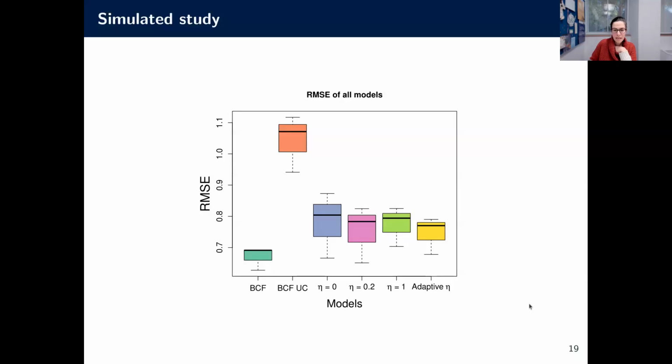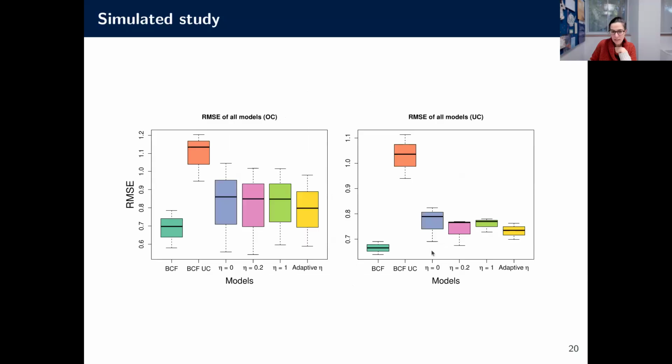And it looks like this adaptive eta is not doing very much, but when it actually becomes quite visible is in regions. If you look at the region of covariate space where I have quite a lot of good data and bad data, then it's not making a big difference. And why is that? That's because I already have quite a lot of good data. So it is able to come through.